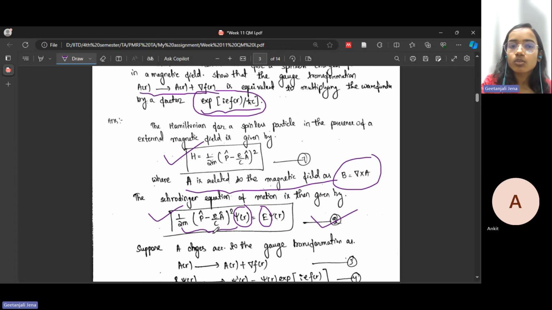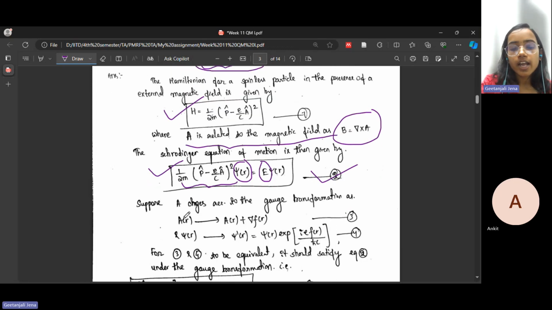Now, what we will prove is that under this phase variation, we will get the same eigenvalue E. If after the gauge transformation we get the same eigenvalue E, then it proves that the wave function changes by a phase factor, which is exponential i e f(r) by h cut c. So suppose A changes according to the gauge transformation, that is, A will become A(r) plus delta f(r).